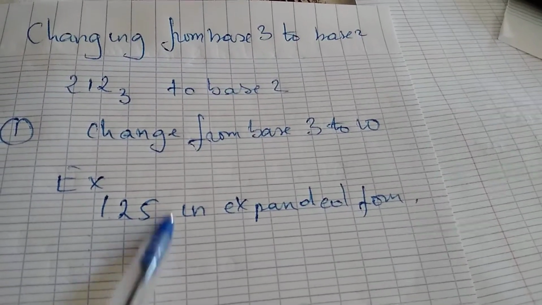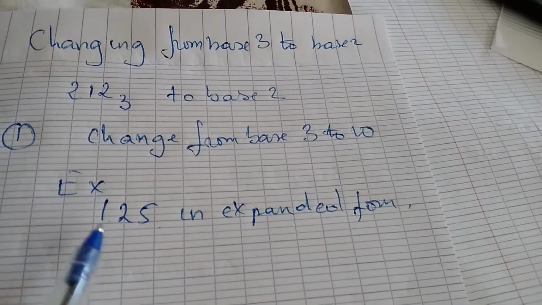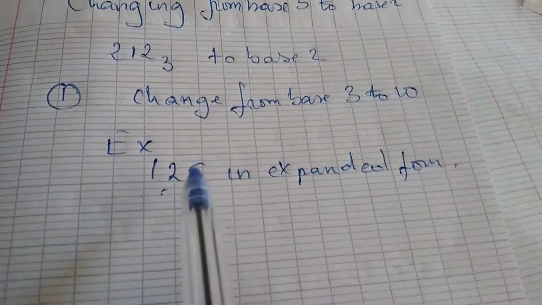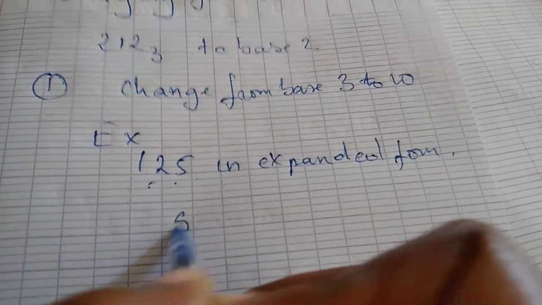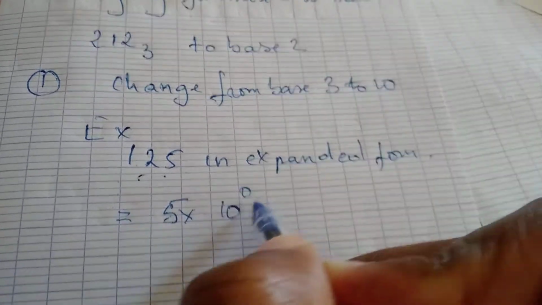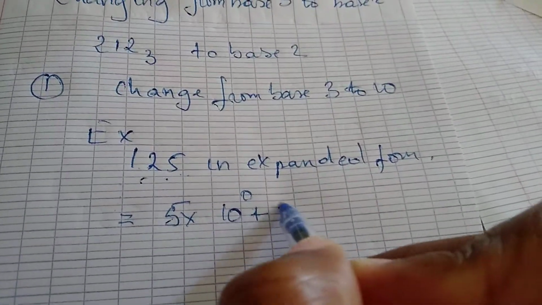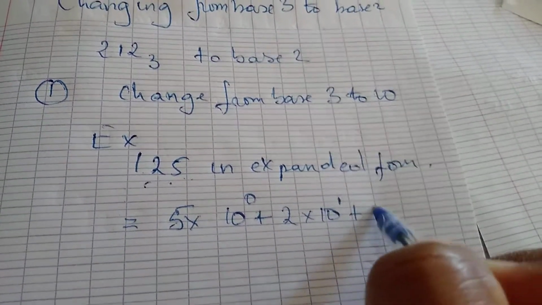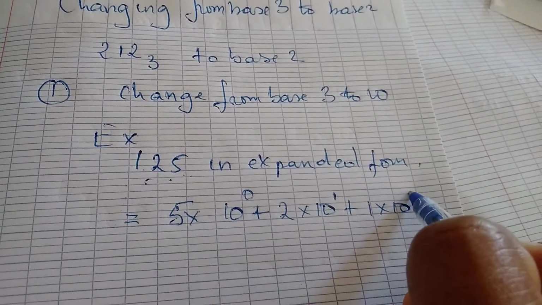The place value of 5 is ones, 2 is tens, and 1 is hundreds. Writing it in expanded form, knowing that it is in base 10, it is 5 times 10 raised to the power 0, plus 2 times 10 raised to the power of 1, plus 1 times 10 raised to the power of 2.